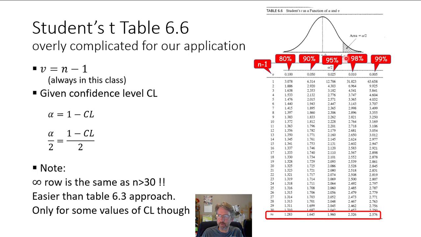If the confidence level and the Gaussian is one of these values, then just use this bottom row and save yourself a little bit of time. If you need 96% confidence level, then you can find that in the other table. So save a copy of the student's t with n minus 1 instead of v and the actual confidence levels, and you'll save yourself a little time.